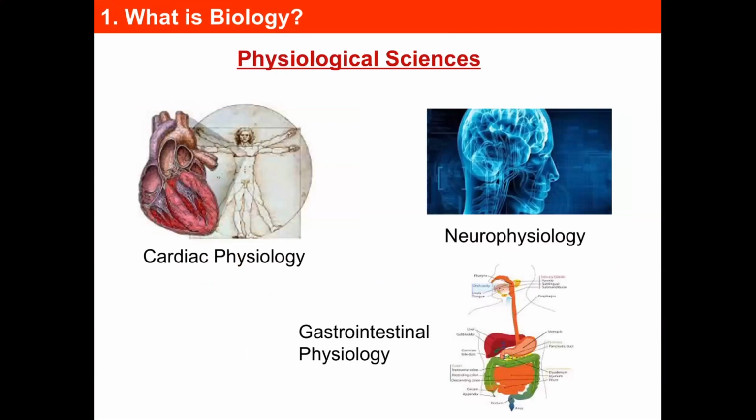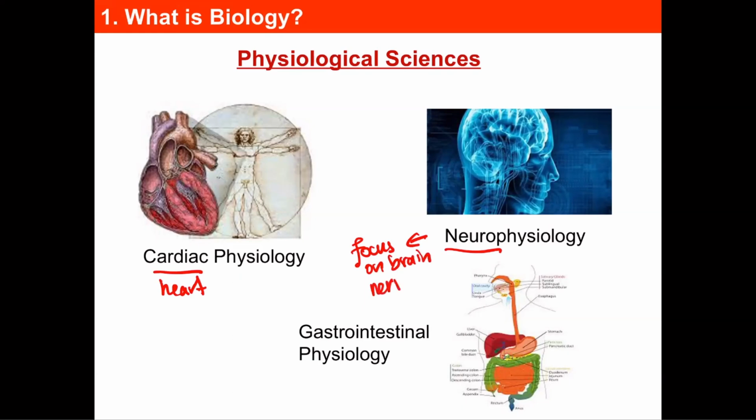Then we have physiological sciences. So here, like I've mentioned before, we talk mostly about the functional processes of very specific organs or organ systems. When we learn how they work, we also learn that when there's a failure in how they work, it will result in some diseases, right? So cardiac physiology, as you can tell, is the study of how the heart works. Neurophysiology focuses on the brain as well as your nerves.